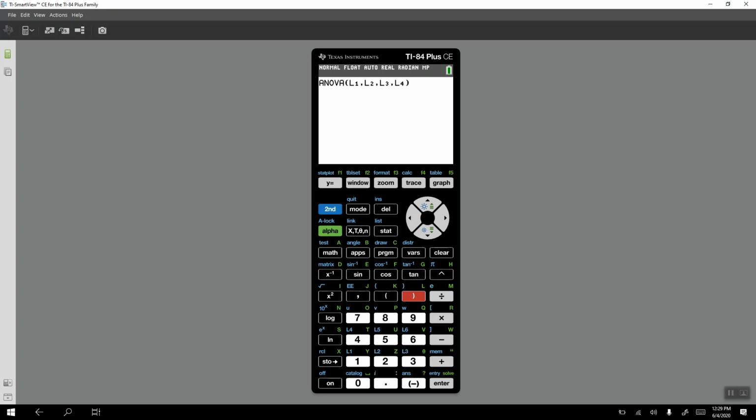There we are. Then I close a parenthesis. So this command is going to run an ANOVA test with list 1, list 2, list 3, and list 4 all incorporated. Press enter. Check that out. It gives us every single thing that we need.